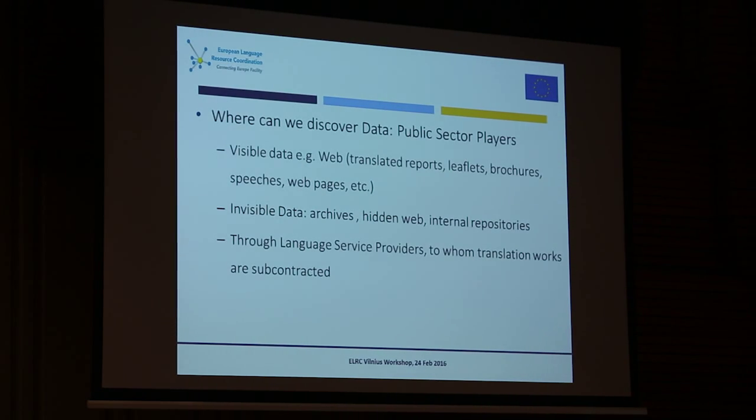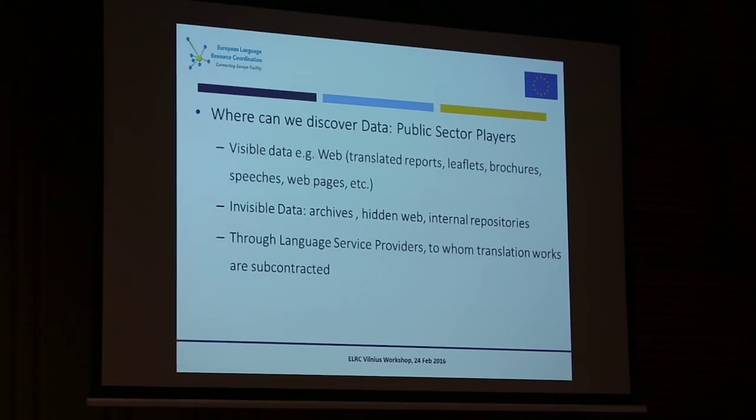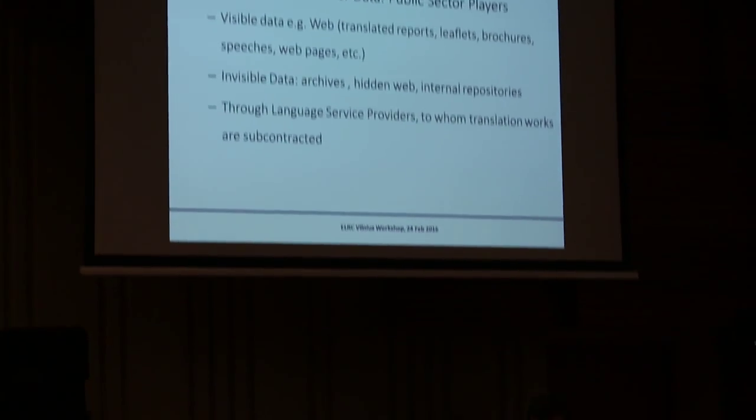And here we can talk about two kinds of data. One is so-called visible data, what you can find on the web, on different websites, and sometimes there's a belief that everything could be found on the web, and it's far from true.